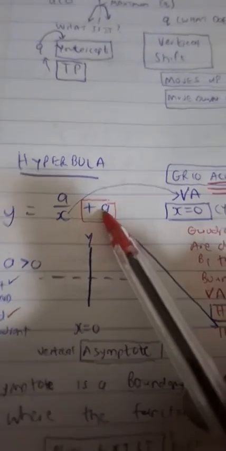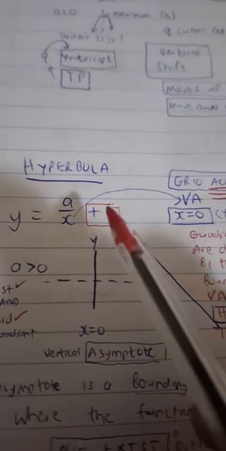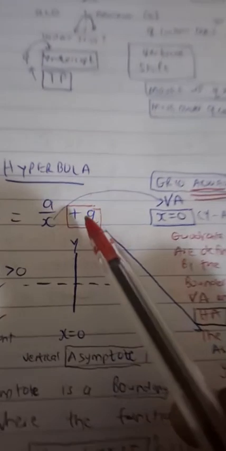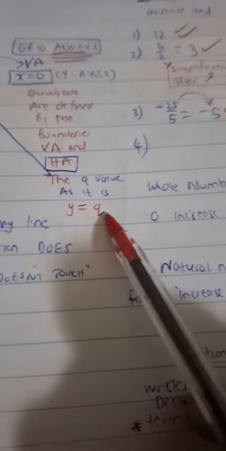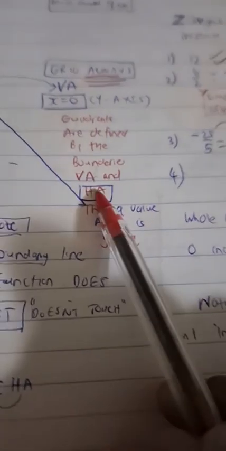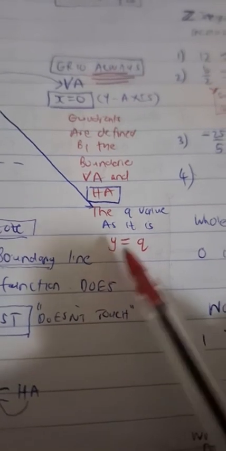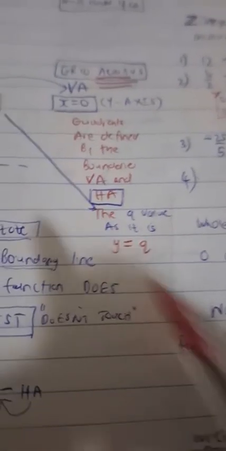But if we had a specific number there in the place of Q, then we would say y is equal to whatever that value is. If it's negative, we write that negative number. If it is positive, we write that positive number, because the Q value as it is gives us the horizontal asymptote whose equation will be y is equal to whatever that Q value is.